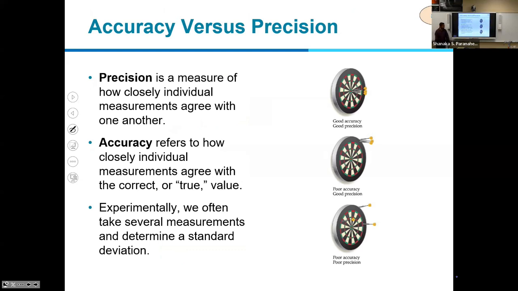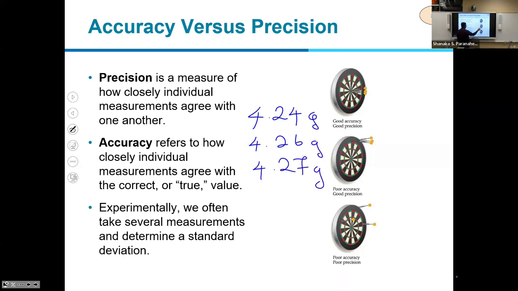Like if you're doing the same experiment 3 times, let's say you take the mass of an object, and your masses are 4.24, 4.26 and 4.27 grams. Now you can see these numbers are close to each other. So these numbers have a good precision. They agree with each other and it has a higher precision.